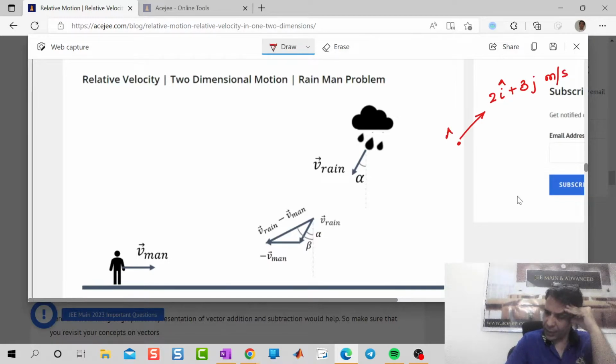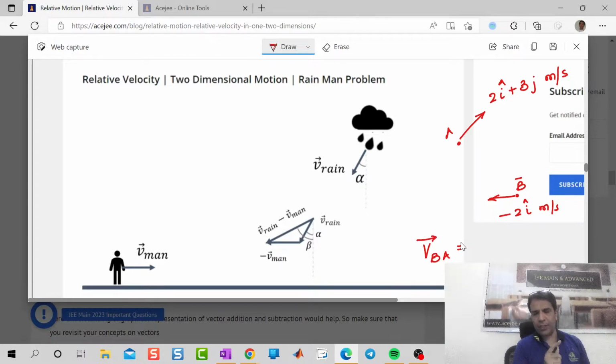Then B is moving towards the minus x direction with a speed of, let's say, minus 2i. So what is the relative speed of B with respect to A? Relative velocity, I should say, not just speed. Relative velocity of B with respect to A. Speed will just be the magnitude of the velocity.